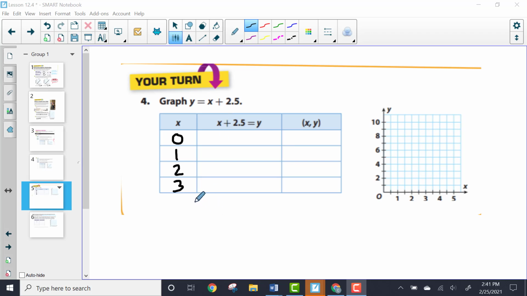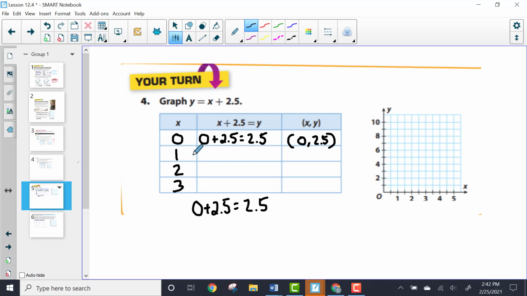So x for this one is going to be 0 plus 2.5 equals y, which would be 2.5. You want to write it here instead of down there. 0 plus 2.5 equals 2.5. Okay, so my ordered pair is going to be 0, 2.5.